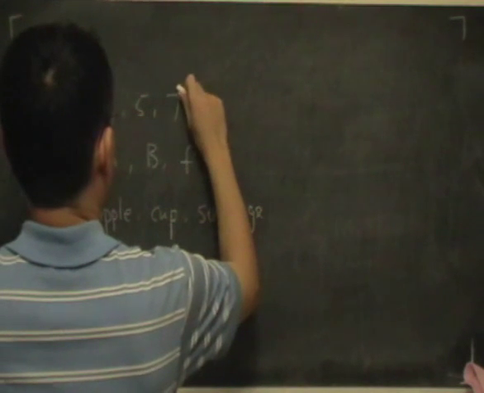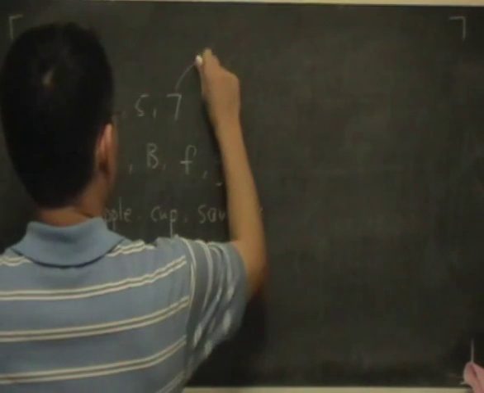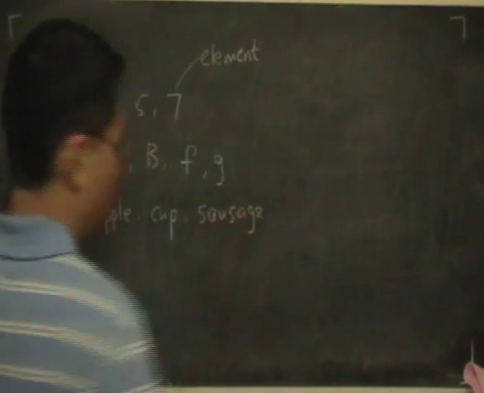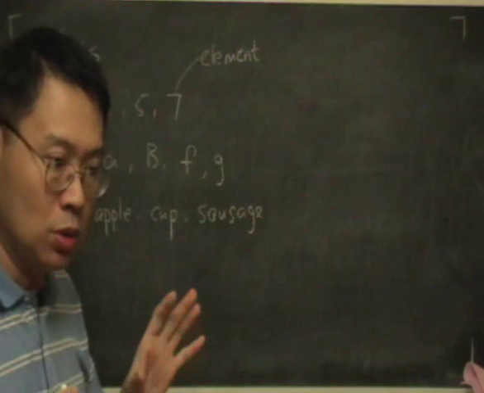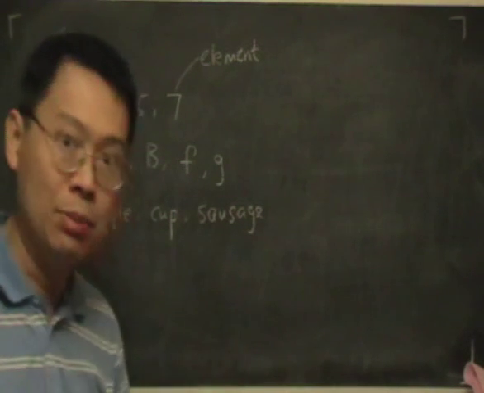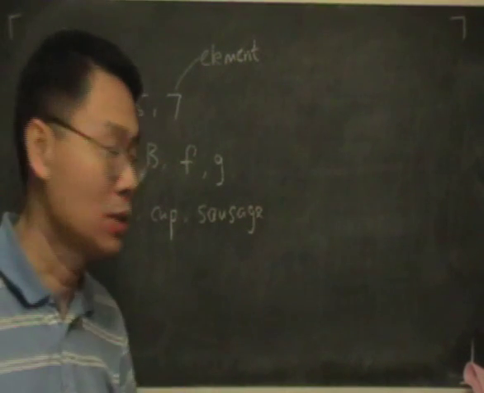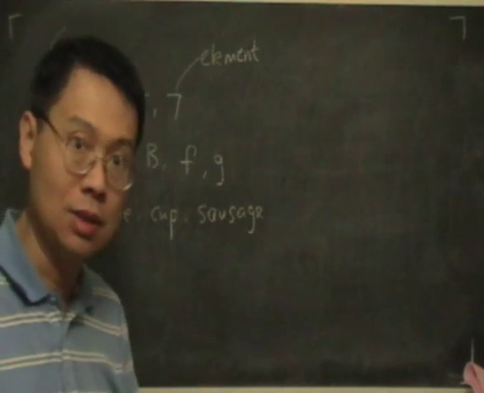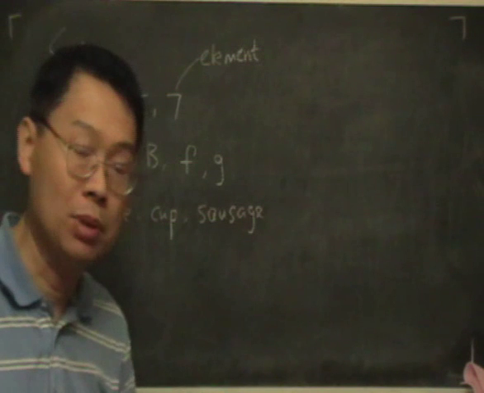So instead of calling it an object, when you use the word element in mathematics, we understand that you're talking about the thing inside a set, or the member of a set.